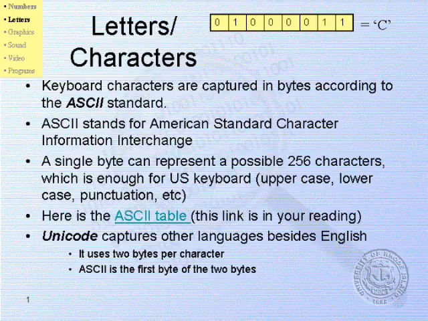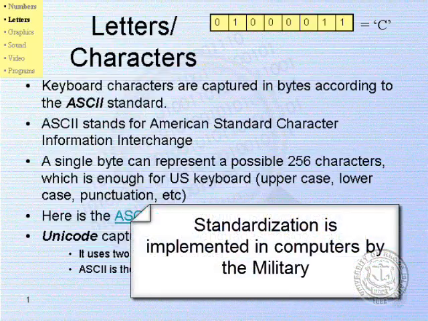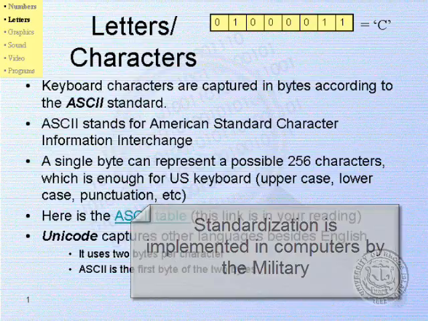The Army had their computers, the Navy had their computers, and since these were in the early stages of development, the Army's computers were developed to represent characters in one way, and the Navy's computers were developed to represent them in another way. The military quickly realized the benefits of being able to share information and decided to standardize how text characters are represented in the computer.